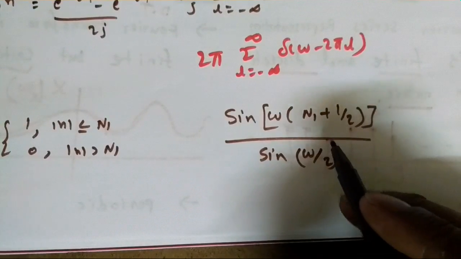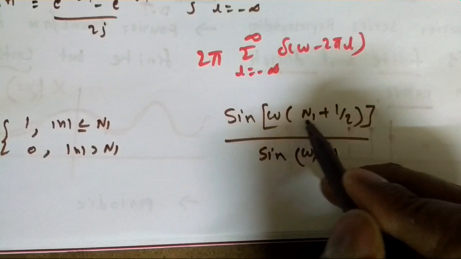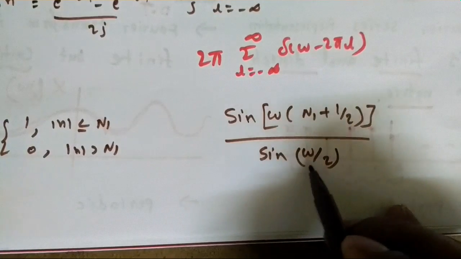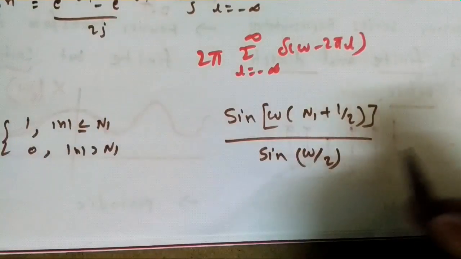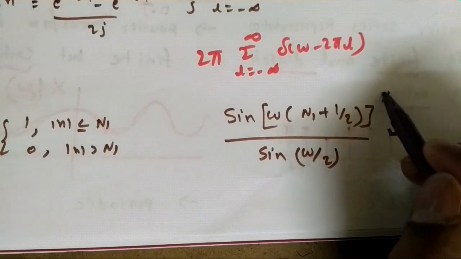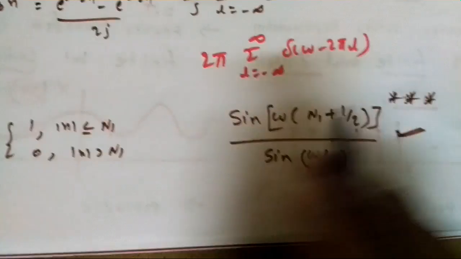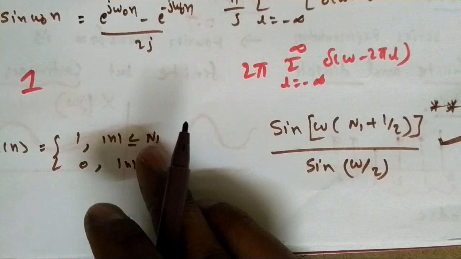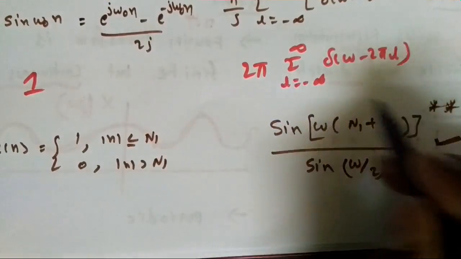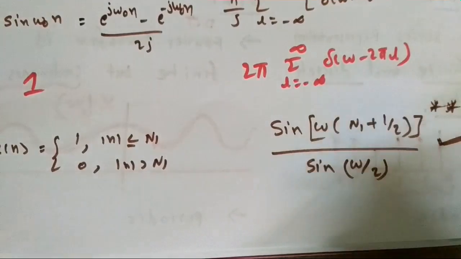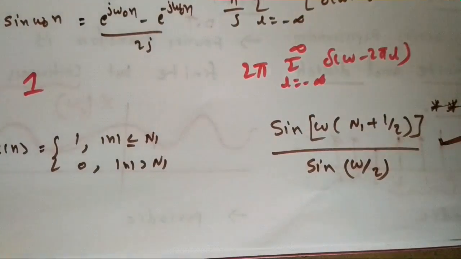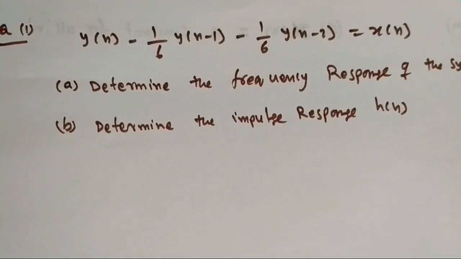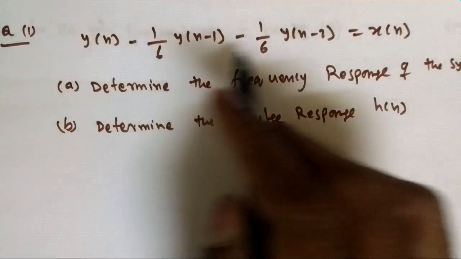In the frequency domain, this becomes sin(ω(N1 plus half)) by sin(ω/2). Remember this one, this 11th one is very, very important. When a rectangular signal is there and N1 is 2 or 3 or 4 etc., we have to find the Fourier transform like this. The difference equations, that is this difference equation is given.